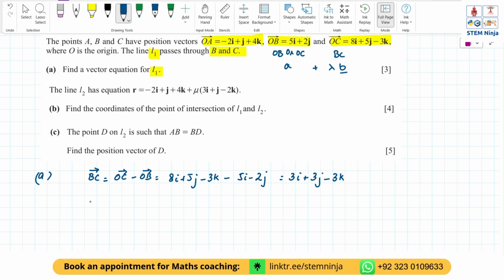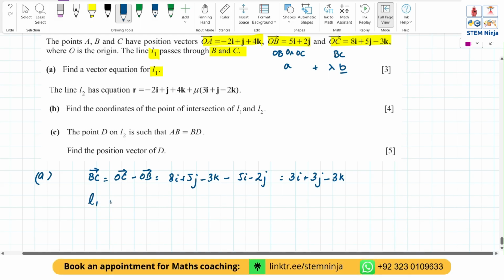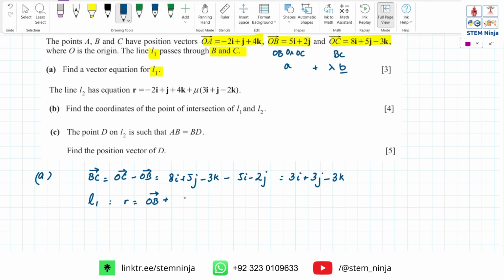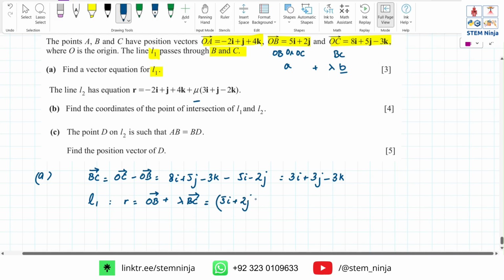so the position vector, so the vector equation for L1 could be r equals OB plus, since they have used mu over here, let's use lambda, BC. So OB is 5i plus 2j plus lambda.